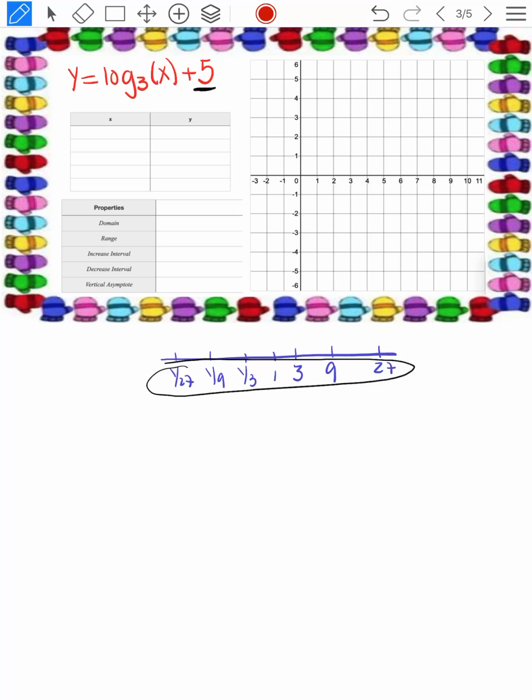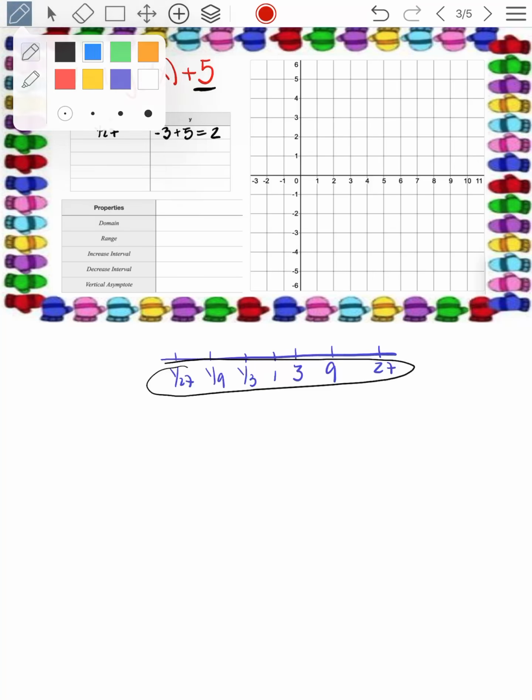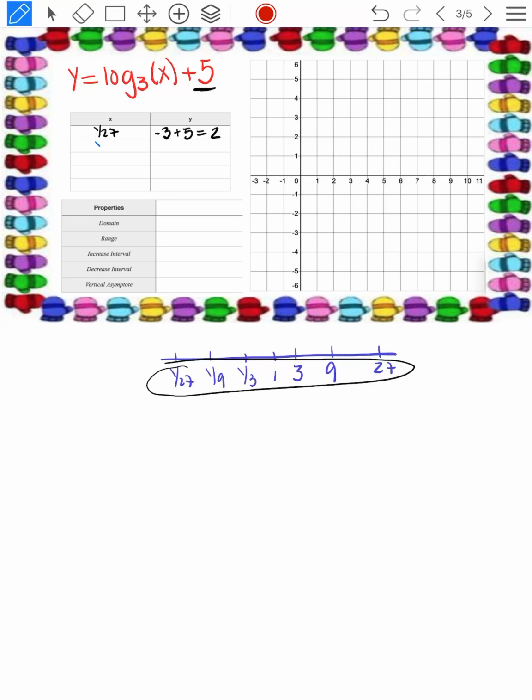So if I want to land on 1/27th, so log base 3 of 1/27th, that would be -3 jumps. But this +5 means I'm adding 5 to that y value, which is going to ultimately get me a y value of +2.